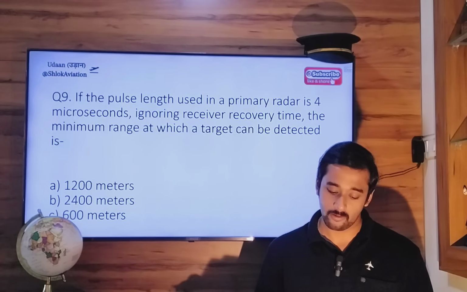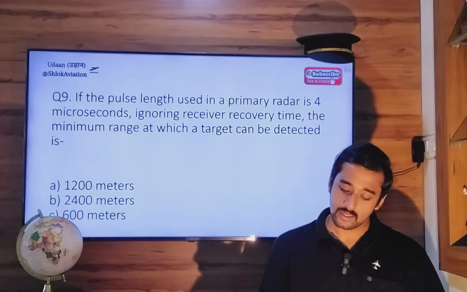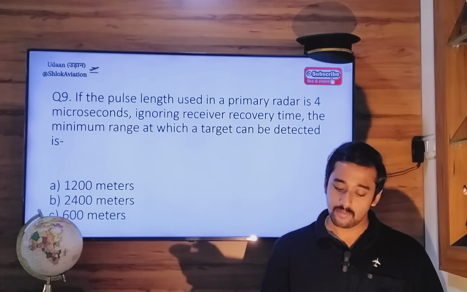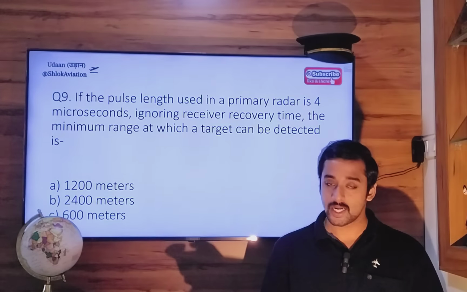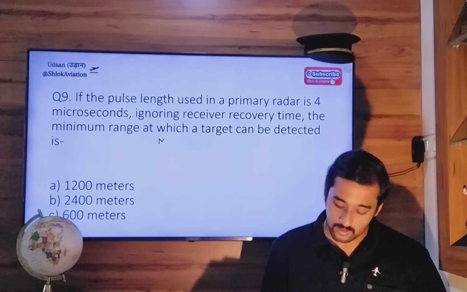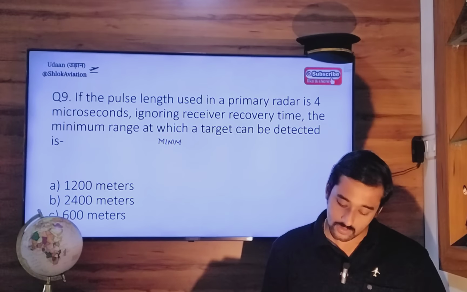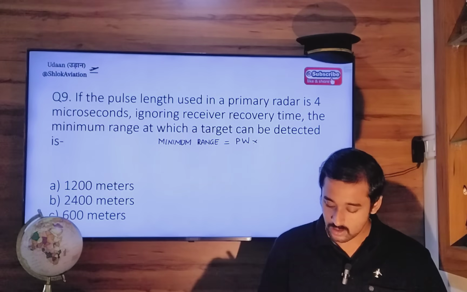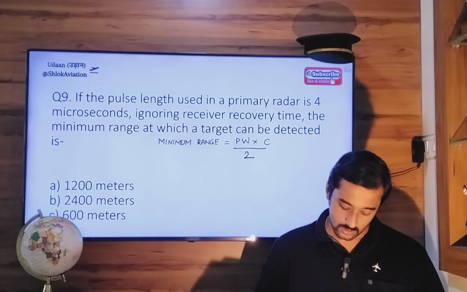More practice, more perfection. If the pulse length used in a primary radar is 4 microseconds, what is the minimum range at which a target can be detected? Minimum range is proportional to pulse width. So it is pulse width multiplied by the speed of light, divided by 2.